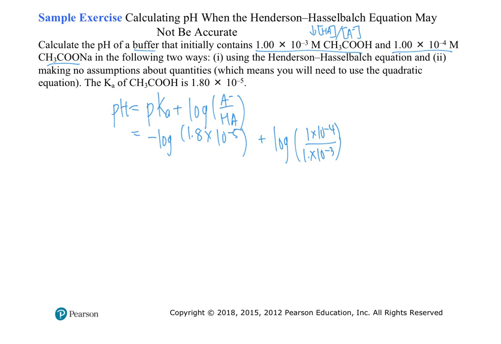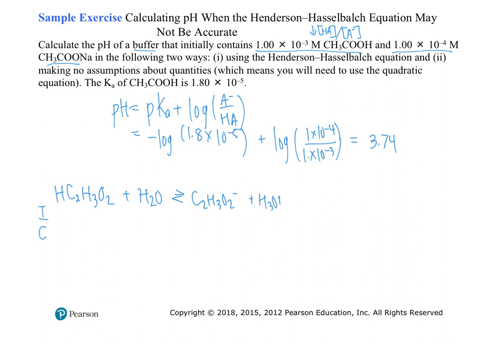Great. So this gives me an answer of 3.74. That's what we would use with the Henderson-Hasselbalch equation. Realizing that this is an acid, now we're going to do it the old-fashioned way, no approximations, common ion style. I have acetic acid and water, which makes acetate and hydronium.